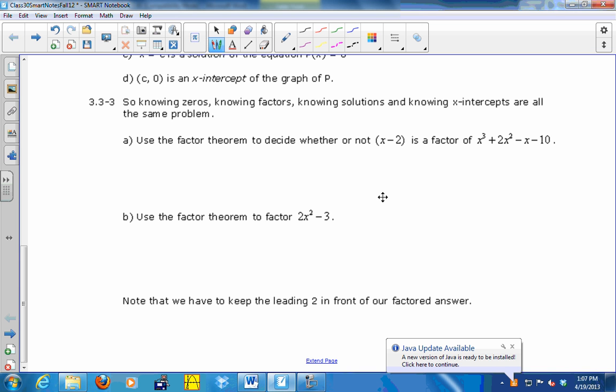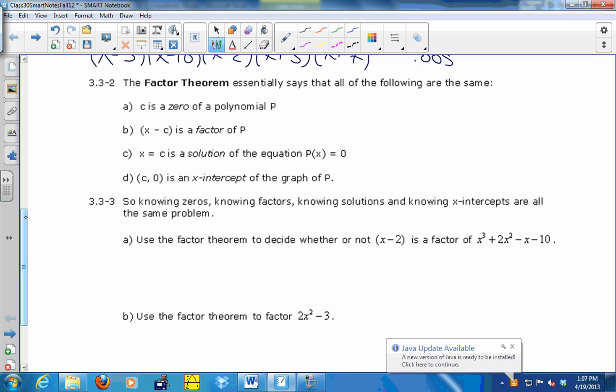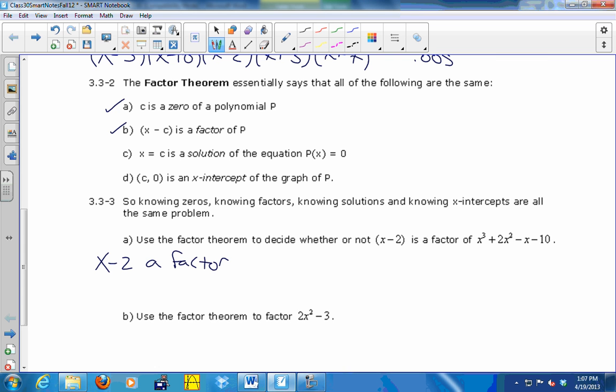But we could say, I'll know x minus 2 is a factor if 2 is a 0. So instead of checking if x minus 2 is a factor, let's check if 2 is a 0. X minus 2 being a factor is the same thing as x equals 2 being a 0. So we can check that quickly.